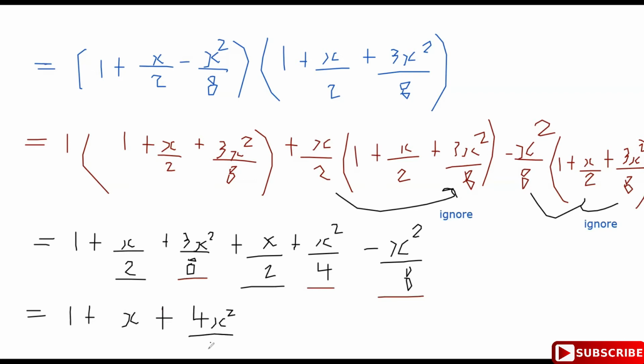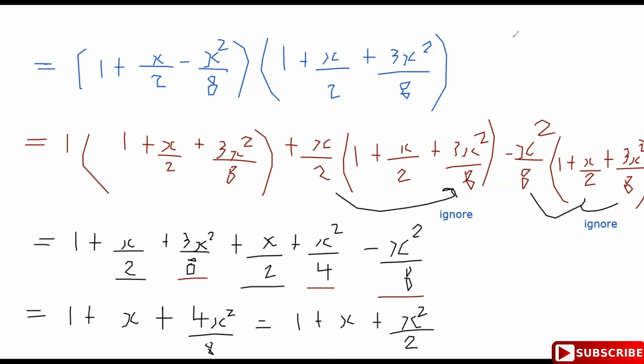A lot of people will simplify this to just be x squared over 2. So let's just write it as 1 plus x plus x squared over 2. So this is decent, and we can leave it at that.